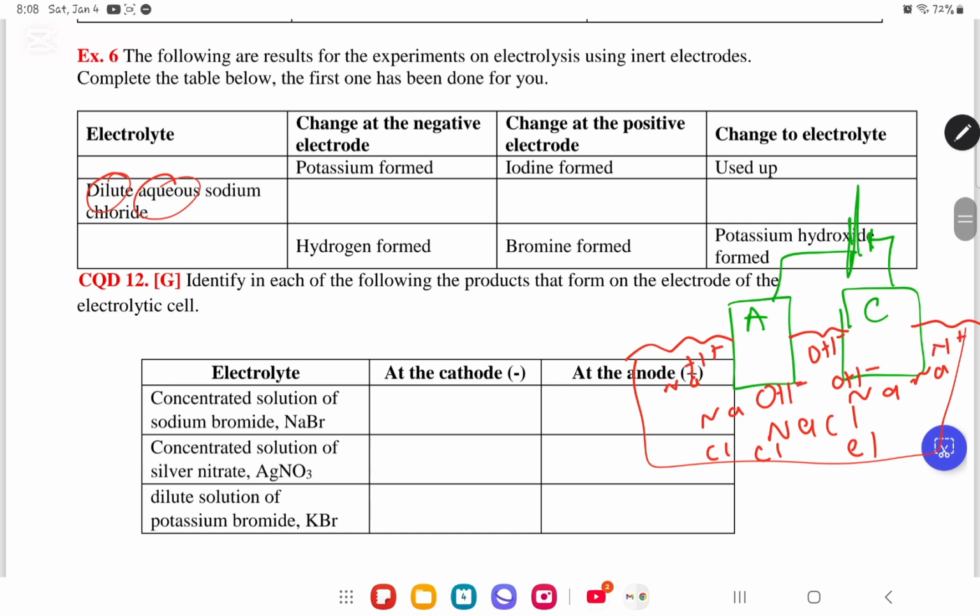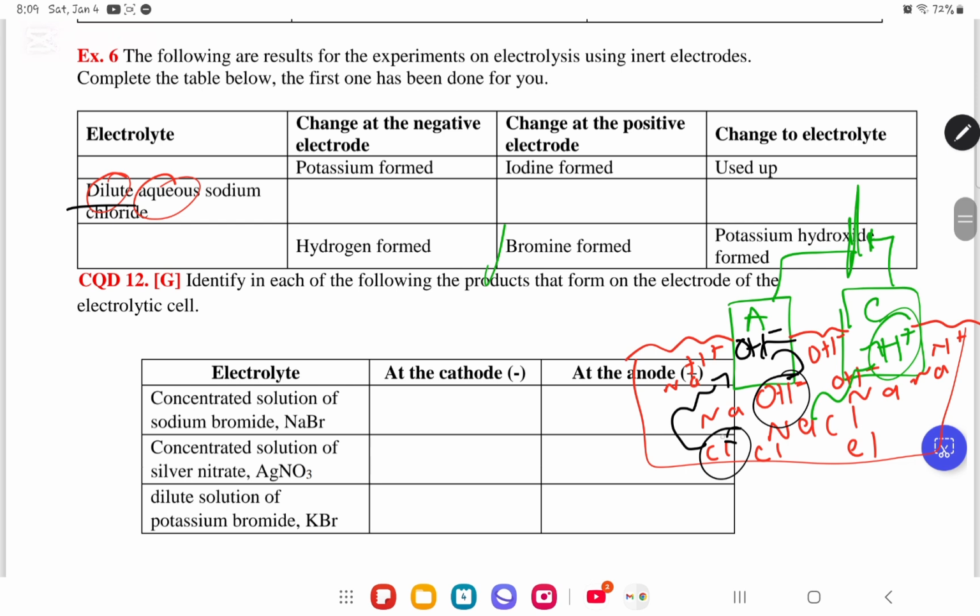and basically like this. And as we discussed, the Na is really weak, so either way it's not going to go to the cathode. What will go instead is the H plus, so the H plus will go to the cathode directly. However, Cl minus is really strong, so it will want to go to the anode. But what will come before, what is way stronger than the Cl minus if it is dilute, is the OH minus, so the OH minus will come before.